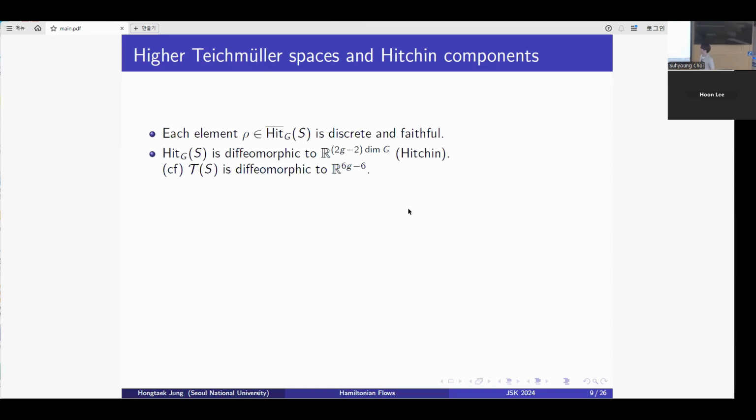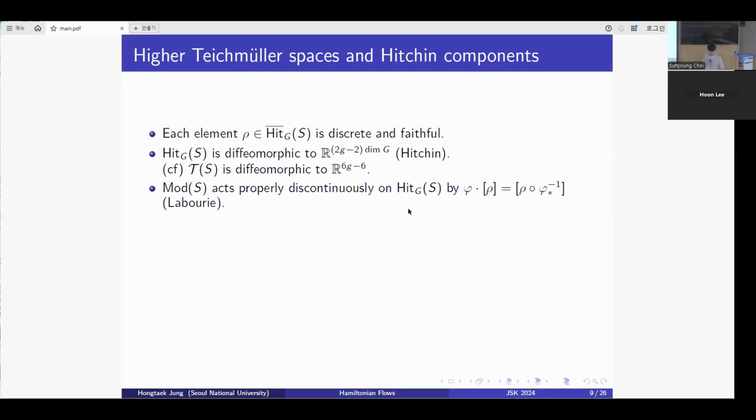And compared to the classical Teichmuller space, well, Teichmuller space is diffeomorphic to R to the 6g minus 6, where g is the genus of your surface. And PSL 2R has dimension 3. So if we put 3 here, they match each other. And the mapping class group acts on your Hitchin component properly discontinuously, and the action is given by this rule.